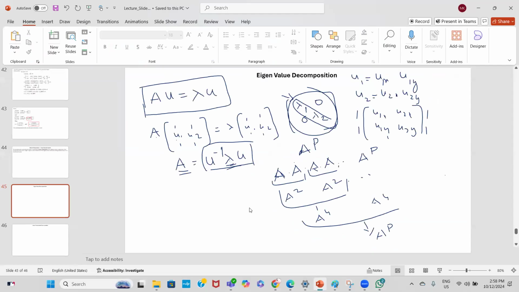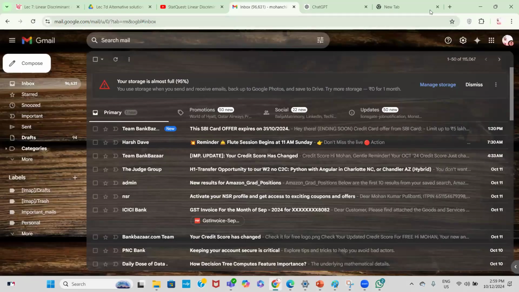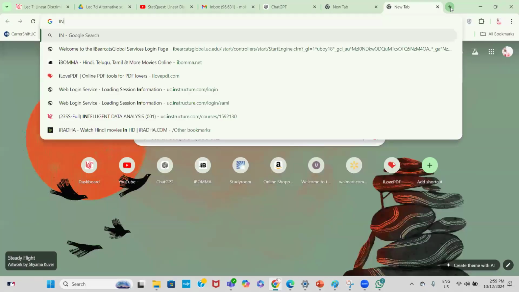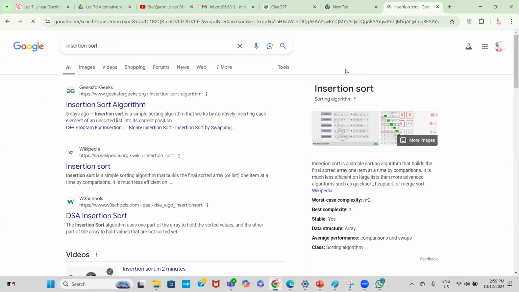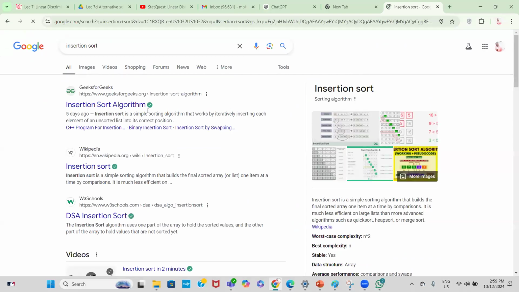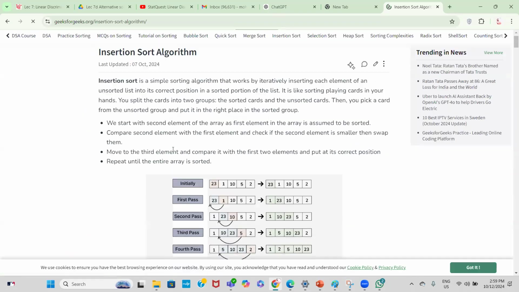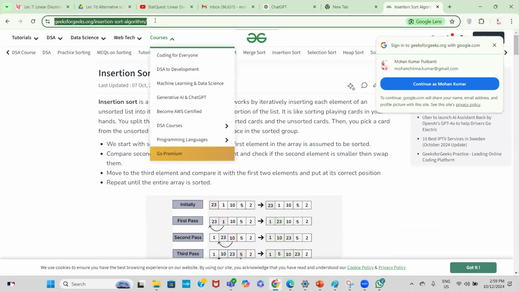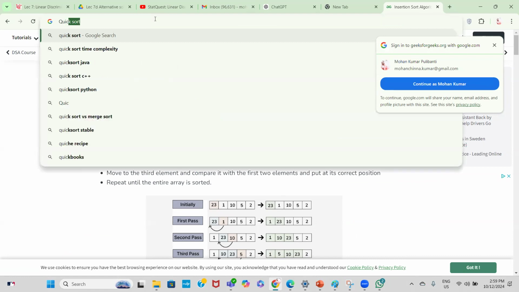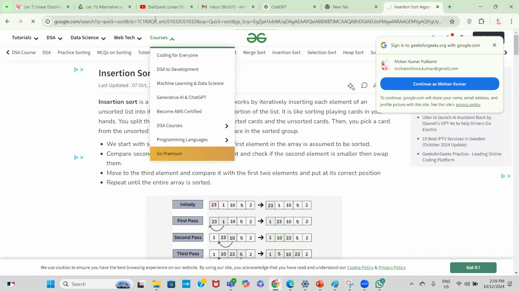Have you ever heard about insertion sort? No, insertion sort is not the one. What is that sorting algorithm? Quick sort, I guess.